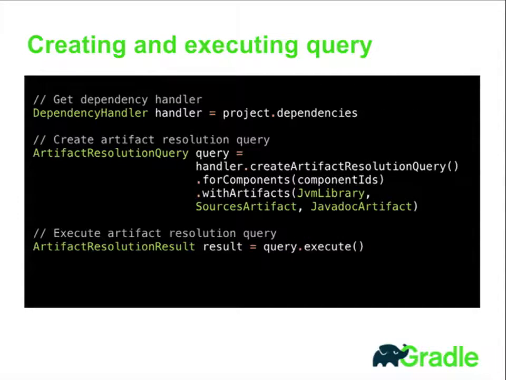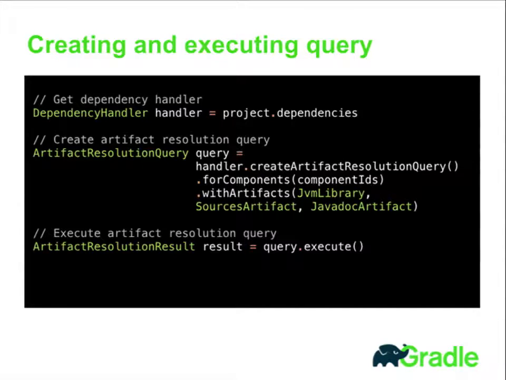And from there on, we can basically use the dependency handler and build up our query. So in this case, we use the handler here. We create a new artifact resolution query. We pass in the component IDs that we've just read from the compile configuration. And then we simply specify what type of artifacts we want. So in this case, apparently, we are handling a JVM library, which applies to Java projects, Scala projects, Groovy projects.